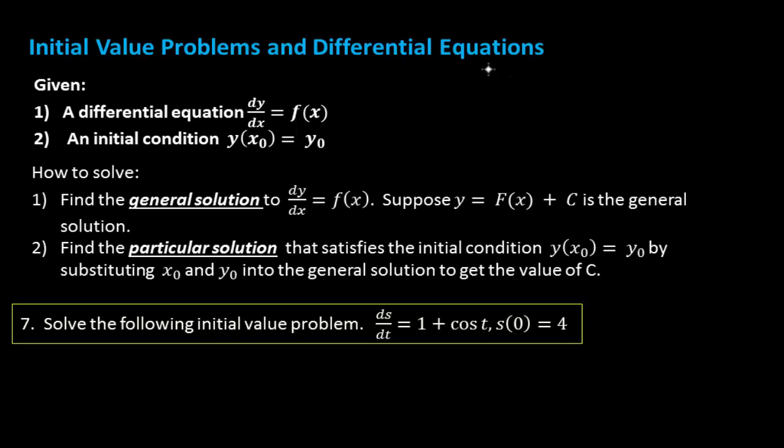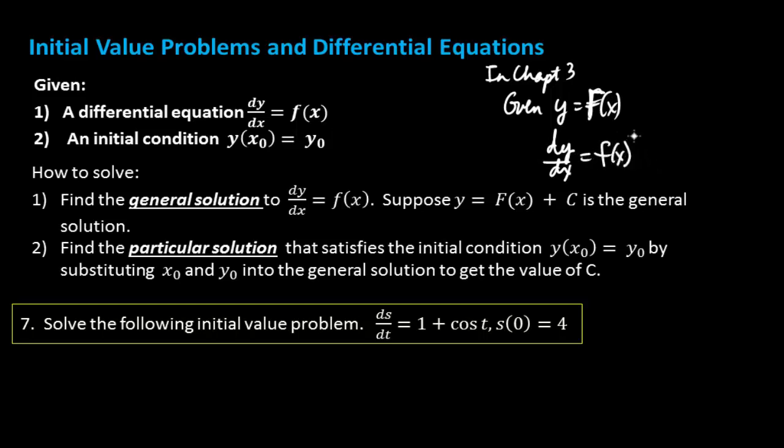So in chapter 3, we're given y as a function of x. Then we take the derivative dy by dx and we get another function. This time, what if this is what's given? Now we have a situation where we have a differential equation.